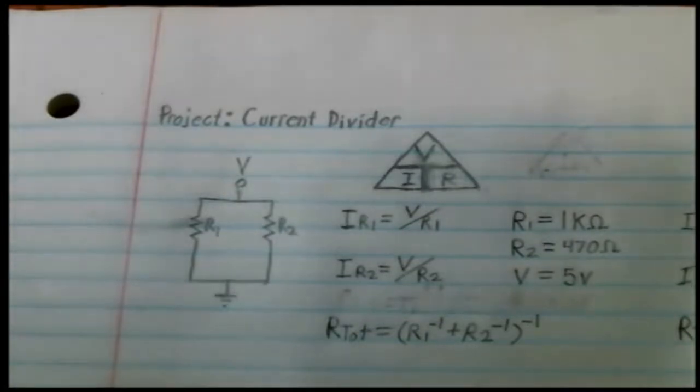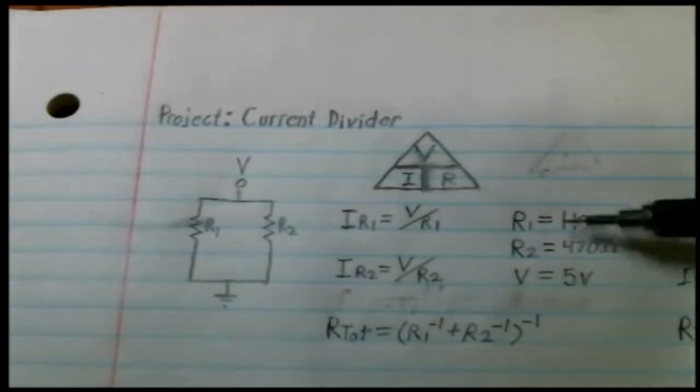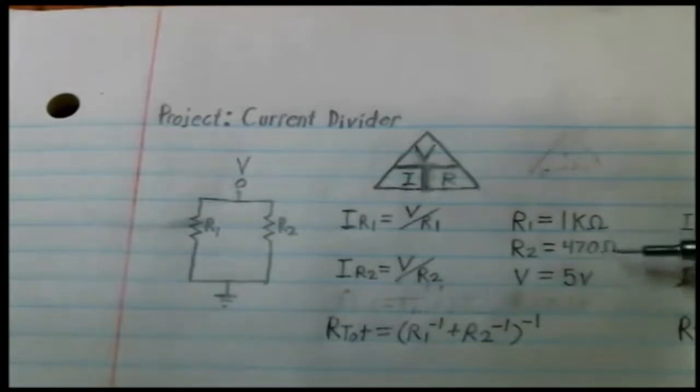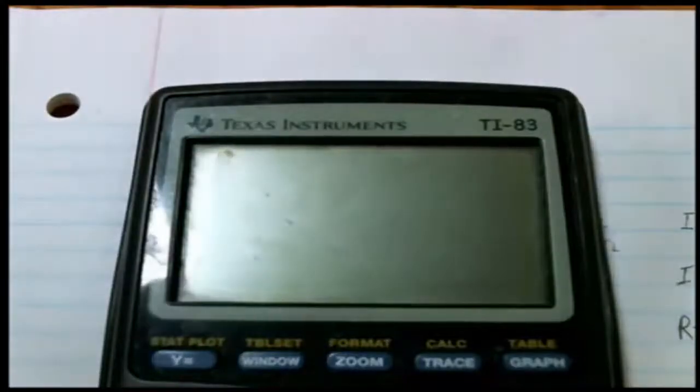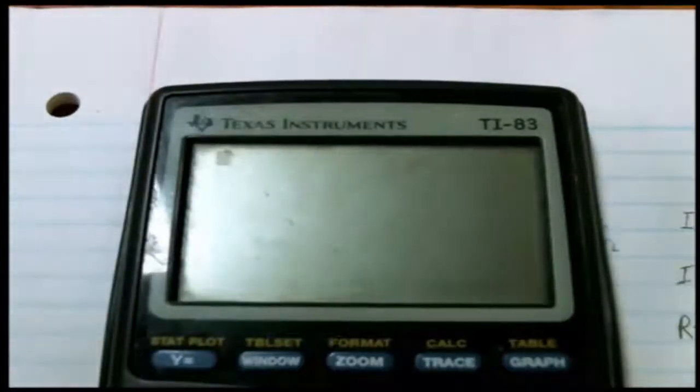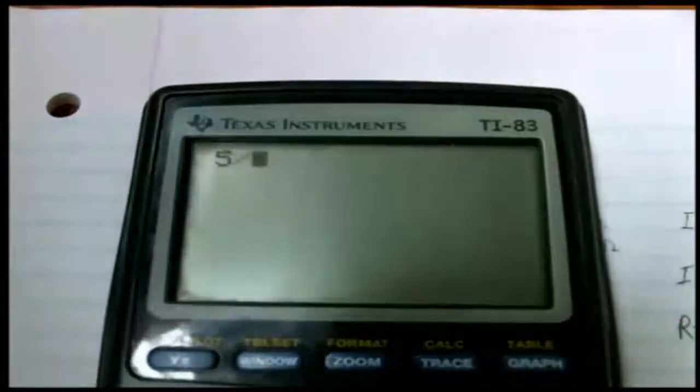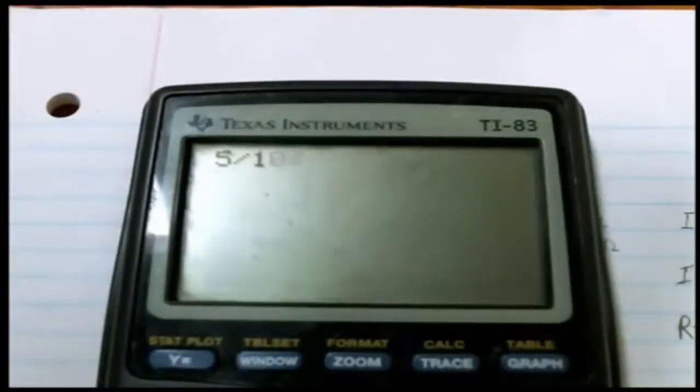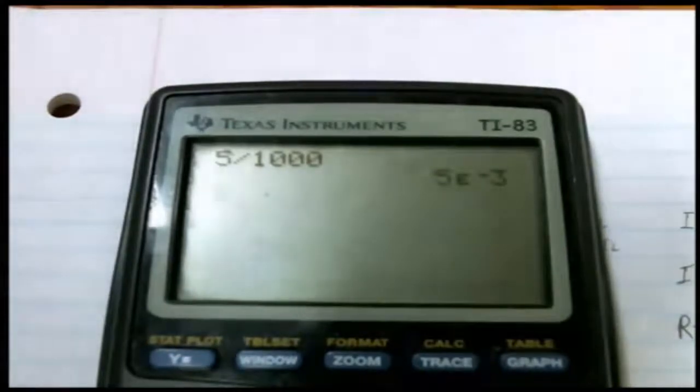And let's give those some values. So R1 is 1K, R2 is 470, and the voltage is 5 volts. So using those values, 5 divided by 1000, the current through R1 is 5 milliamps.